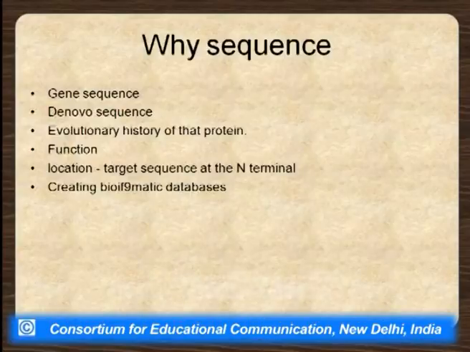We can also do de novo sequencing for those proteins for which there is no available sequence information. These proteins can be encountered when we are doing thorough metabolic studies and find proteins which are only expressed at certain metabolic states or under stress or other conditions.